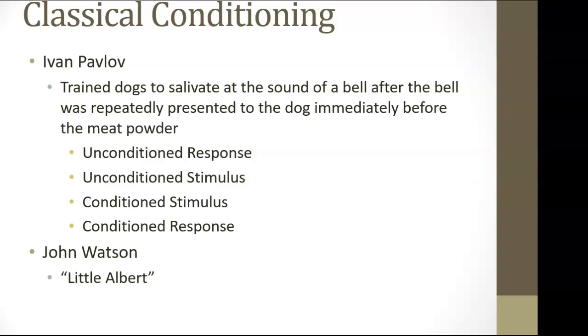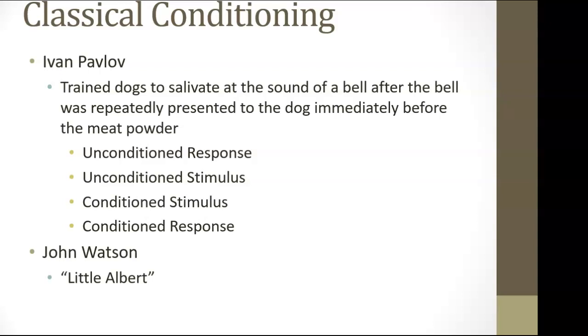And you can go through the case of Little Albert. Watson conditioned Albert to be afraid by making a loud noise with the white rat, and conditioned him to be fearful of the rat. The loud noise was the unconditioned stimulus, right? The white rat was neutral until it was conditioned.